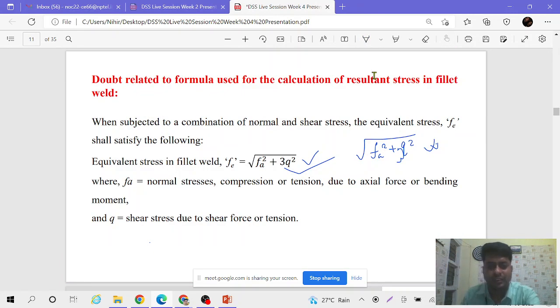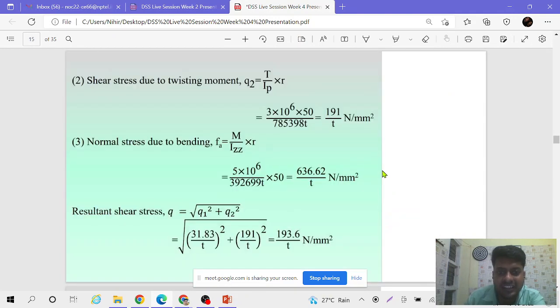So Fa plus 3q square. So this thing is clear, that in lecture number 18 it has been written by mistake, so you have to rectify that.